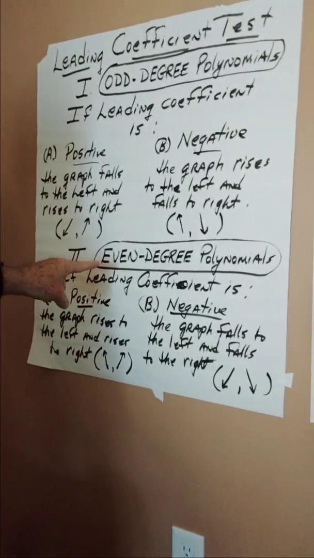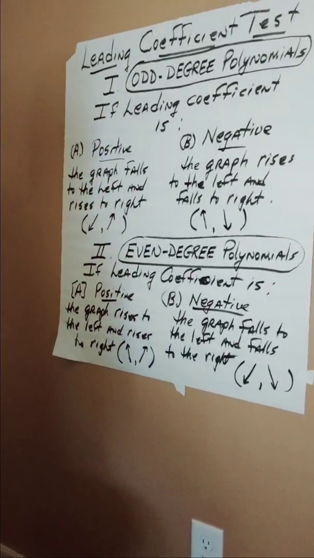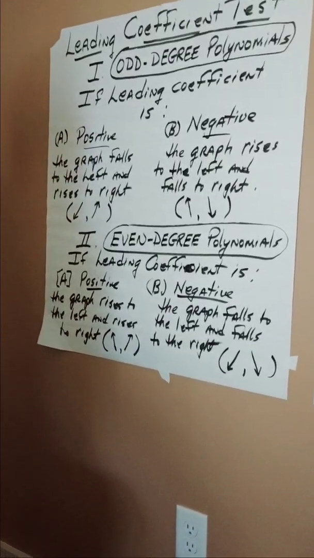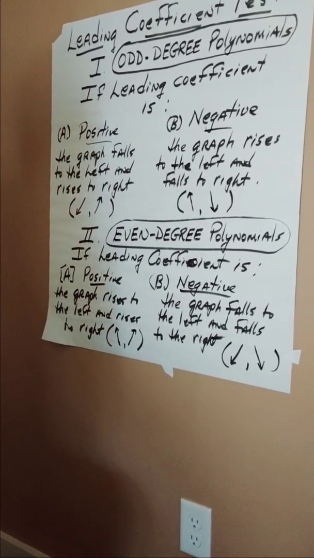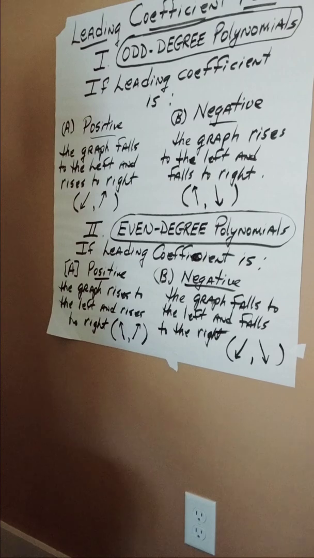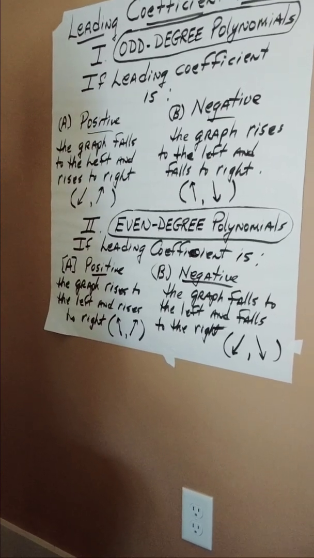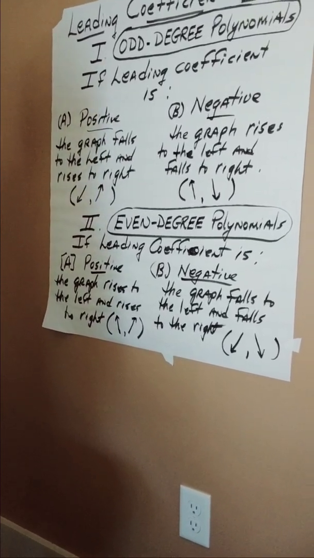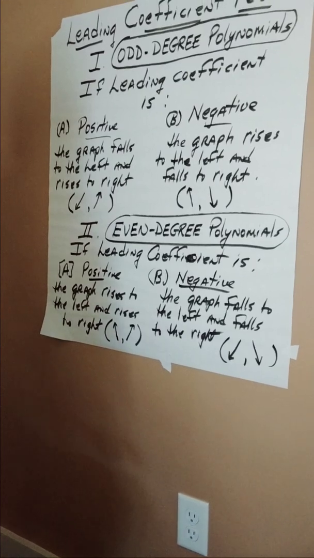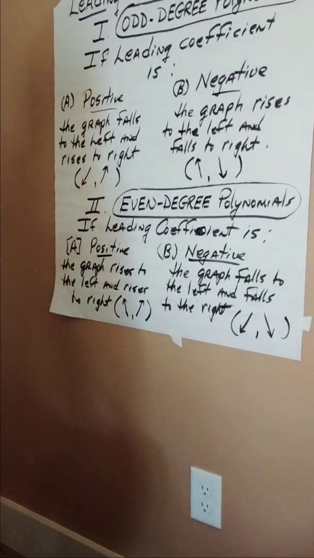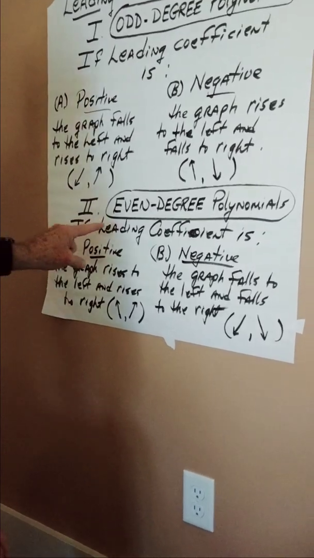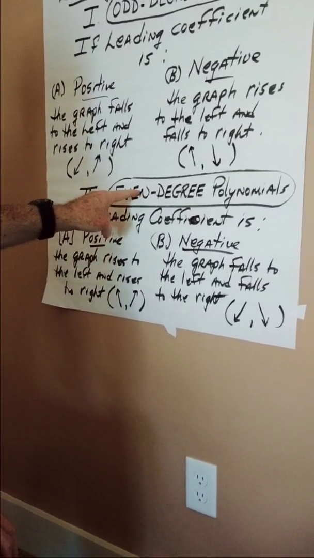Let's go to even degree polynomials. If the degree of the polynomial is even, a degree of 2, a degree of 4, a degree of 6, a degree of 8, the behaviors will be the same. We'll point it out. Even degree polynomials.